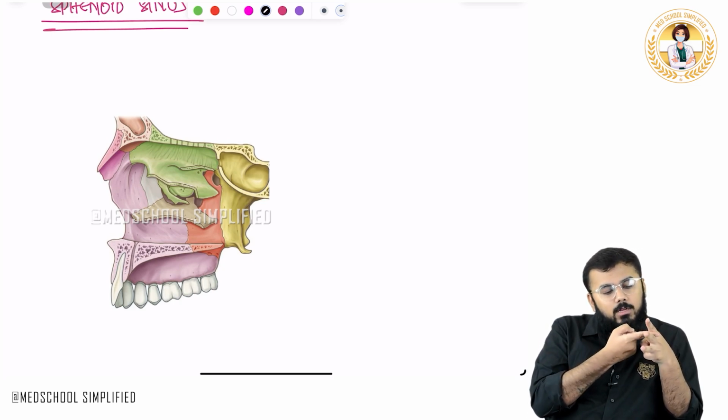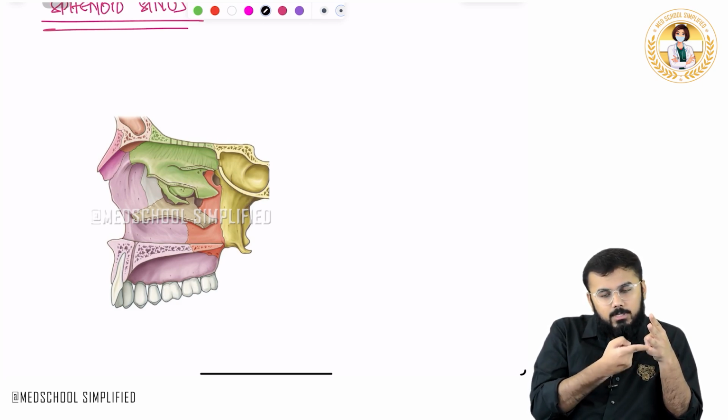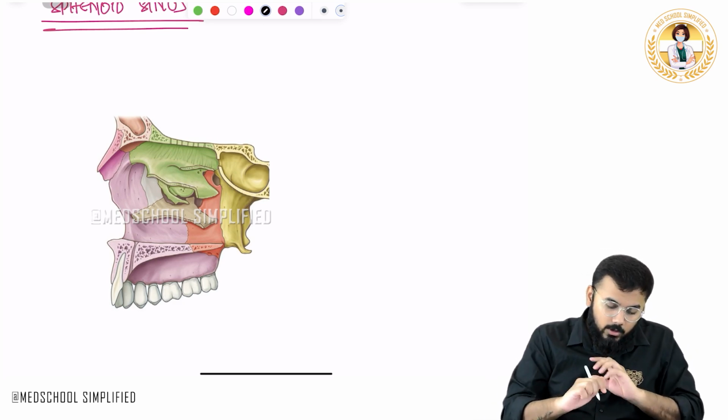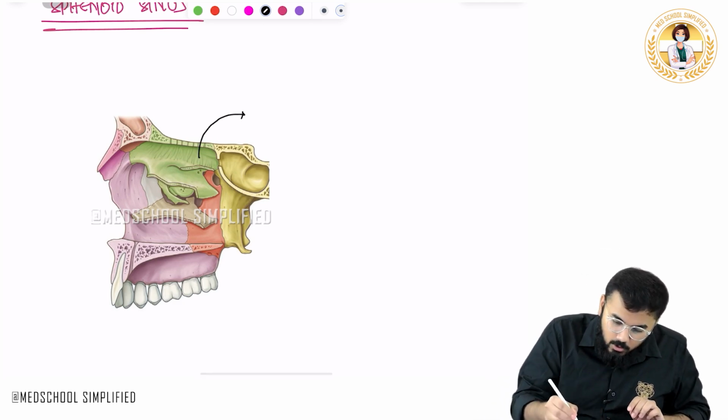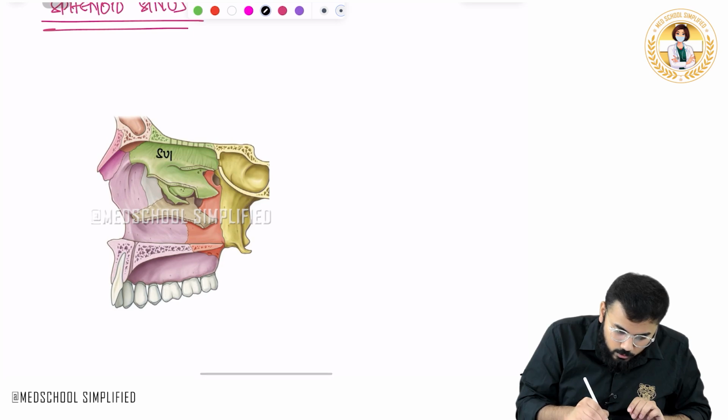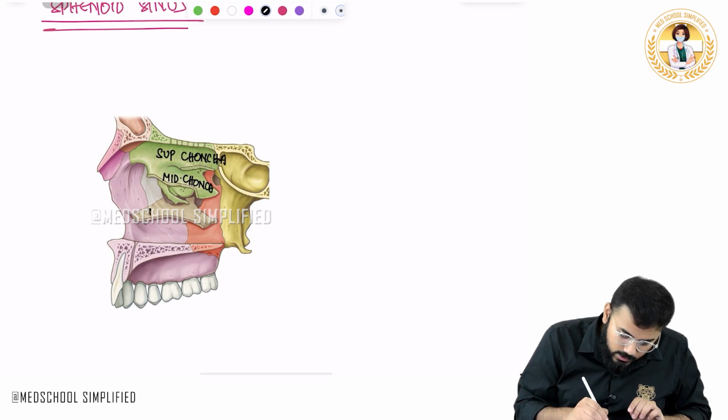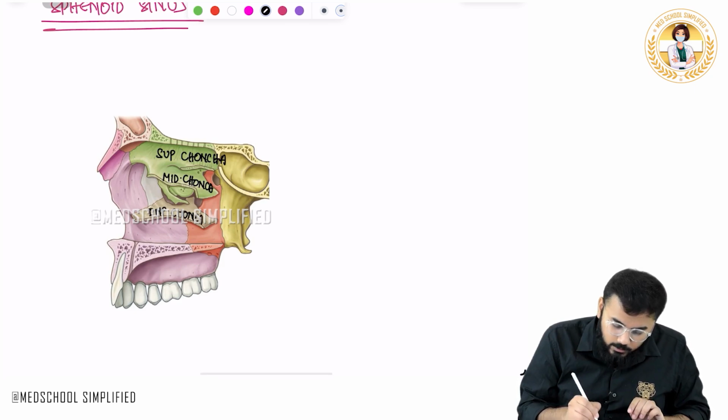Beneath the superior concha, this space is called the superior meatus. Beneath the middle concha, this space is called the middle meatus. Beneath the inferior concha, this space is called the inferior meatus. You can look here that this particular concha is called the superior concha, this one over here is the middle concha, and this one over here is the inferior concha. Okay.